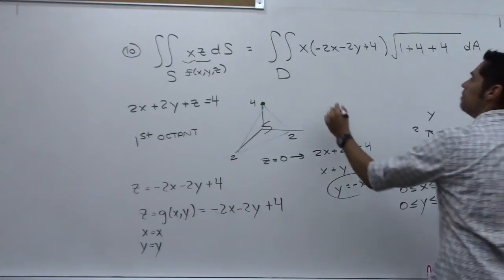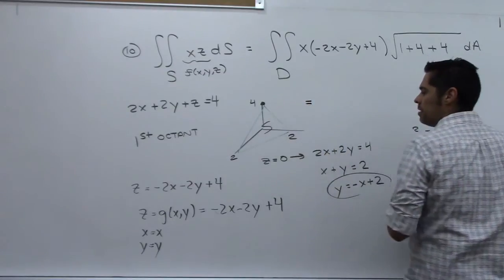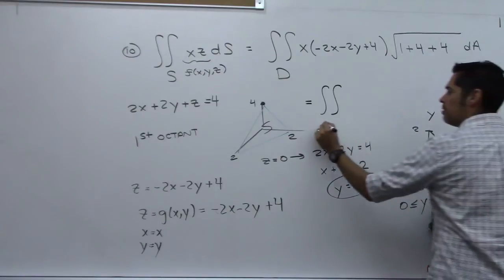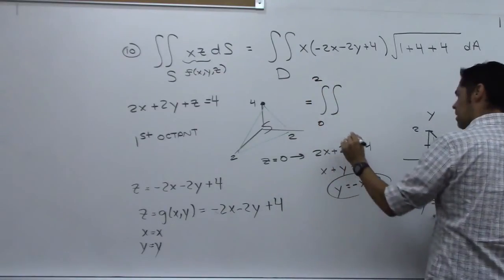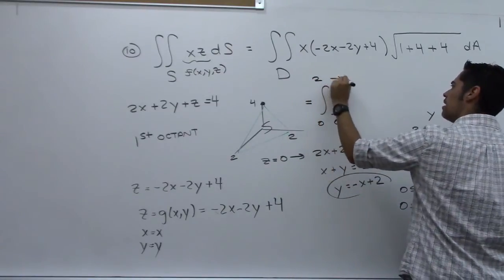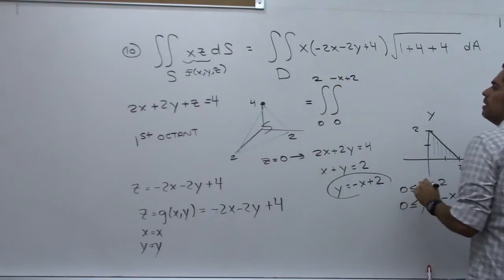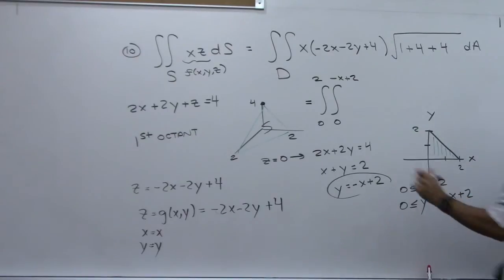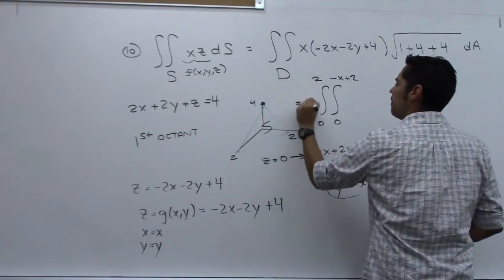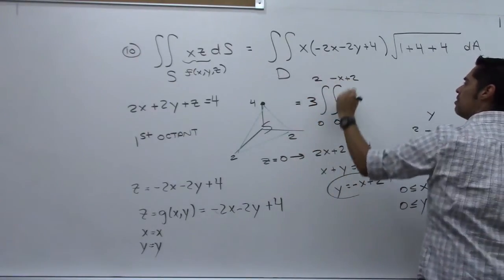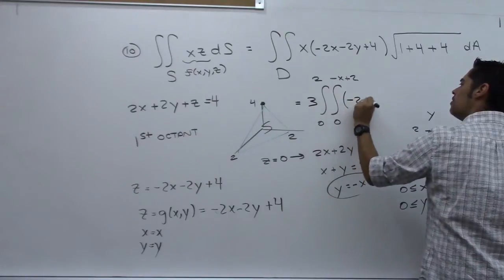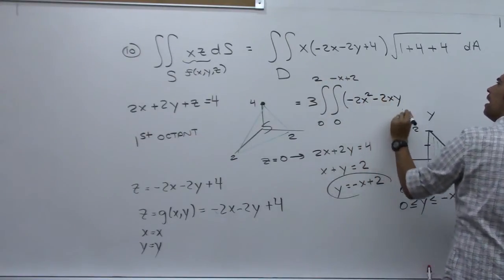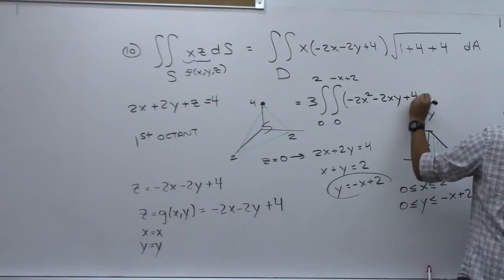And this becomes a double integral. We can put the limits of integration in here, 0 to 2, and then 0 to negative x plus 2. What is that? Root, that's 8, 9. Hey, that's a 3. Let me pull the 3 out. And then distribute through here, we get negative 2x squared minus 2xy plus 4x.